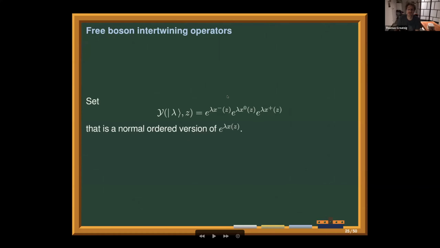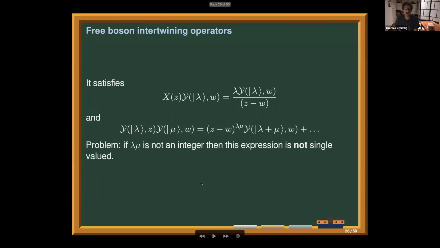So this is the canonical way to lift e to the lambda x, in the sense that it puts everything that annihilates the vacuum to the right. Okay, and now one can compute what it satisfies. For example, it satisfies the OPE with a free boson field, in which this field appears, but now with multiplicity lambda as a first order pole.